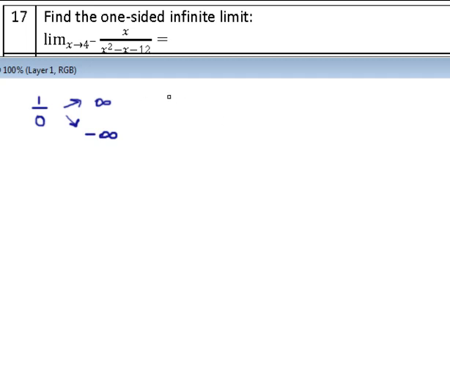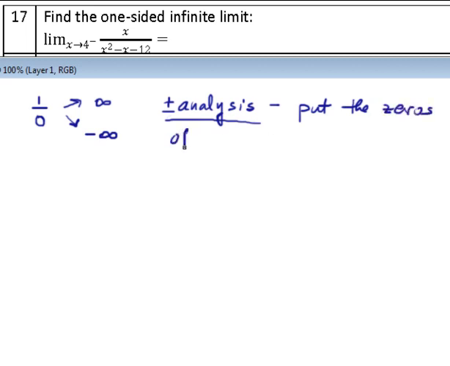Alright, so what we're doing is a plus-minus analysis. And what it involves is we have to put the zeros of the numerator and denominator on the number line.